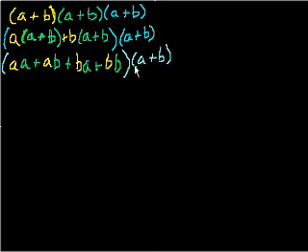And so essentially we're going to multiply the blue a times all of this, and then plus the blue b times all of this. So let's multiply the blue a times all of this. The first term will be yellow a, green a, and then blue a.